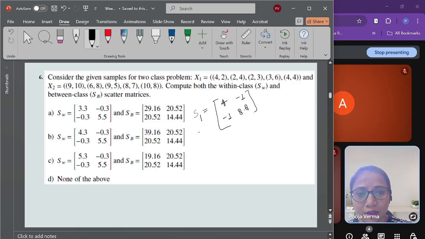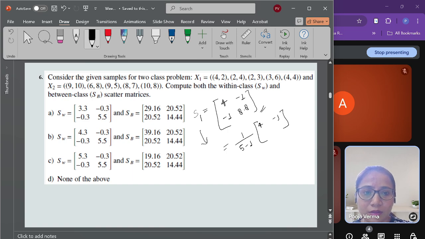So overall, this is a covariance matrix, so we have to divide it by the total number of samples minus 1, that is n minus 1, to this matrix. There are 5 samples, so you will get 5 minus 1, that is 4.